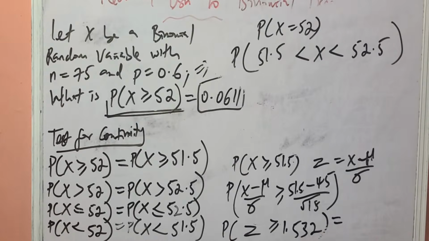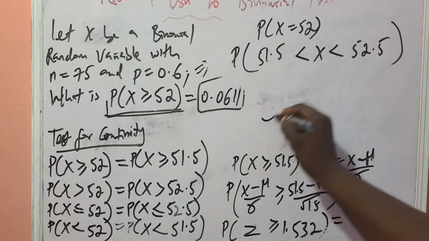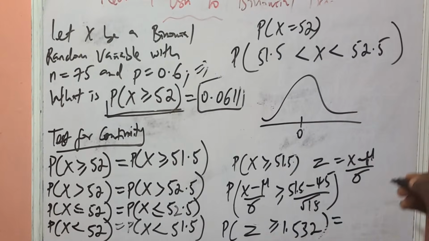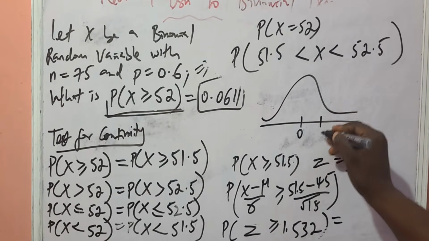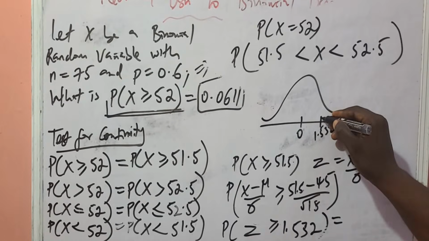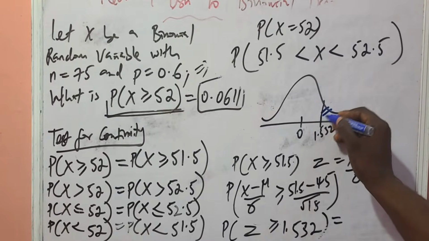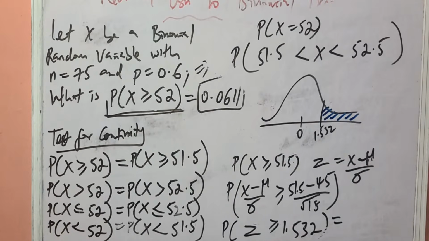If you want to draw your curve, of course, symmetric about 0, the mean, then you want to have 1.532. Now you're talking about greater than or equals to, so obviously you are interested in this side. Can you give me the answer for this using your table quickly?